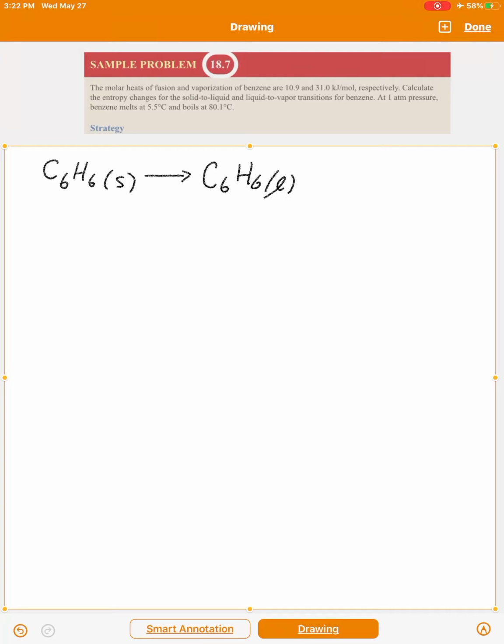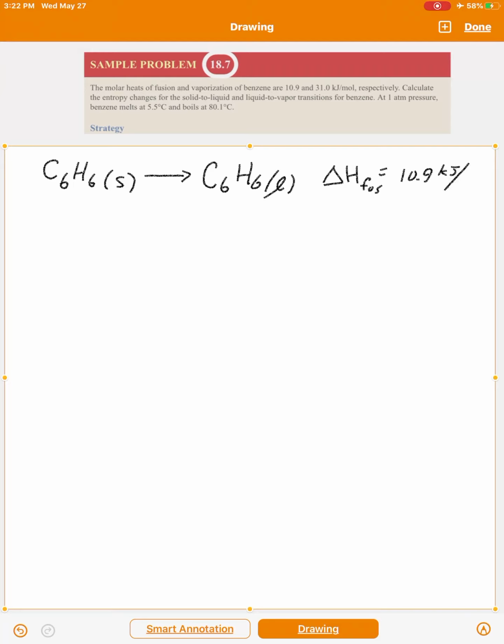Okay, so the heat of fusion, ΔH fus, not formation, but fusion, is 10.9 kilojoules per mole. It's positive.